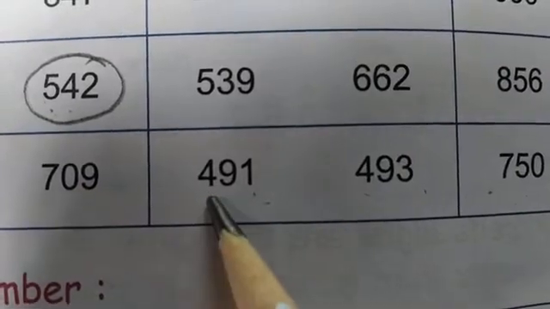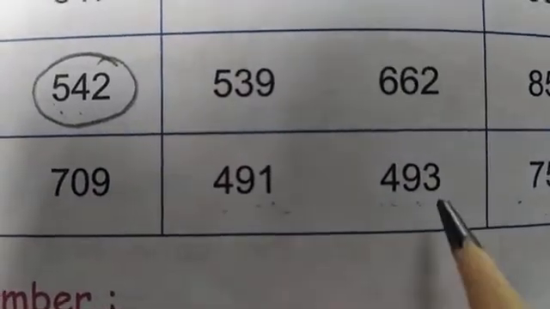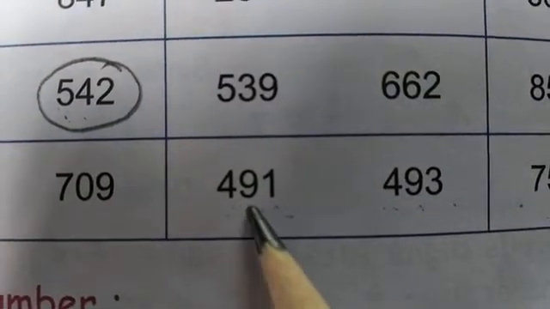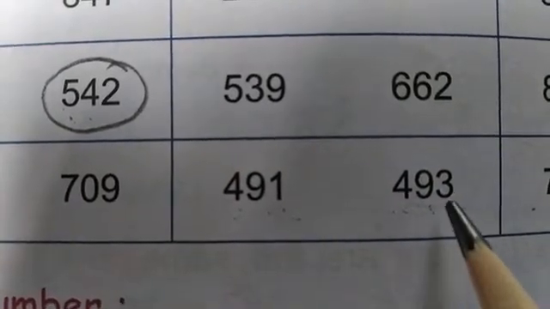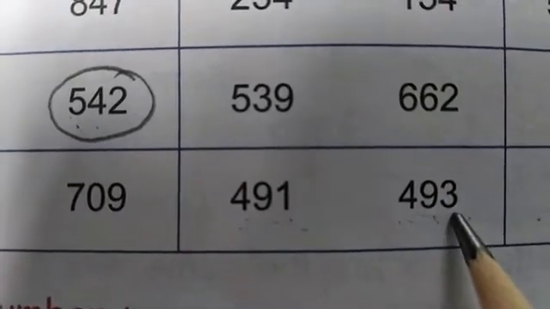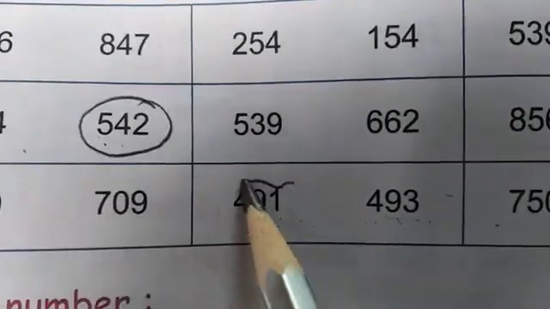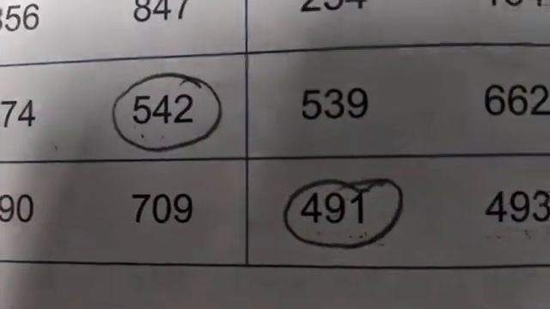Here the first and the second digits are the same. So compare with the third digit. Here 3 is greater than 1. So 491 is smaller than 493.